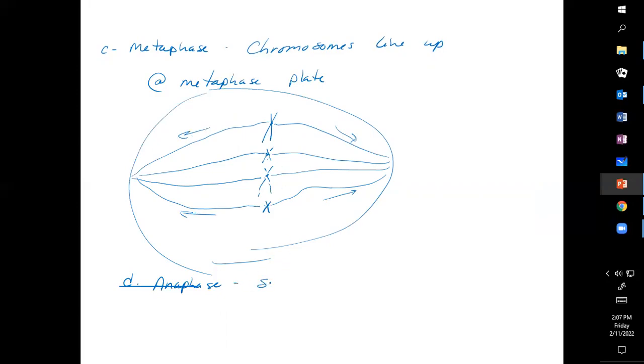So the spindle fibers shorten, and by doing so, they pull apart the sister chromatids. The sister chromatids separate, and you can think of them as being pulled towards opposite poles of the cell.